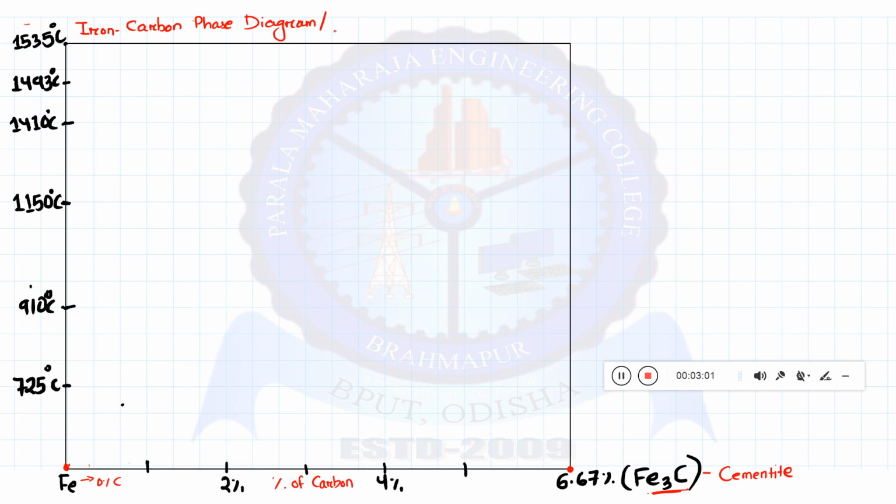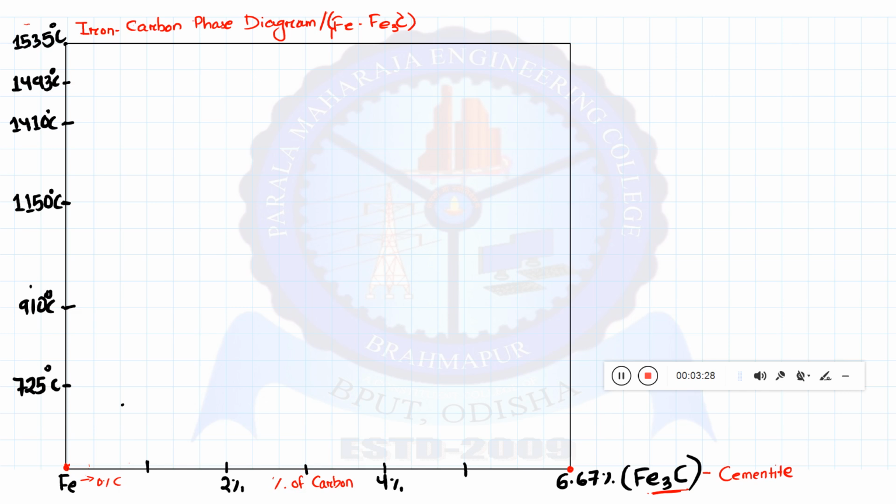This can also be called the Fe3C, that is, iron cementite phase diagram. Understand everyone? Okay. So on the x axis, as I have already told you, there will be the percentage of carbon, and the percentage extends only up to 6.67 percentage.